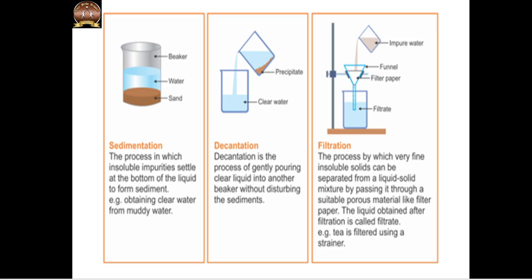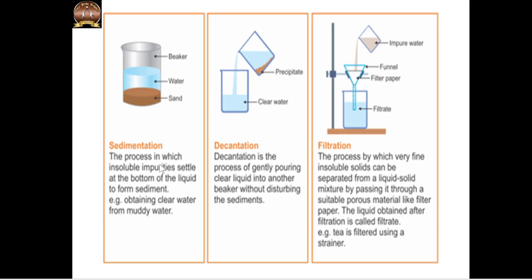Let's take a quick look at the three processes which we just learned: sedimentation, decantation, and filtration. Sedimentation, decantation, and filtration are used to achieve the proper separation of insoluble solids from a solid-liquid mixture.